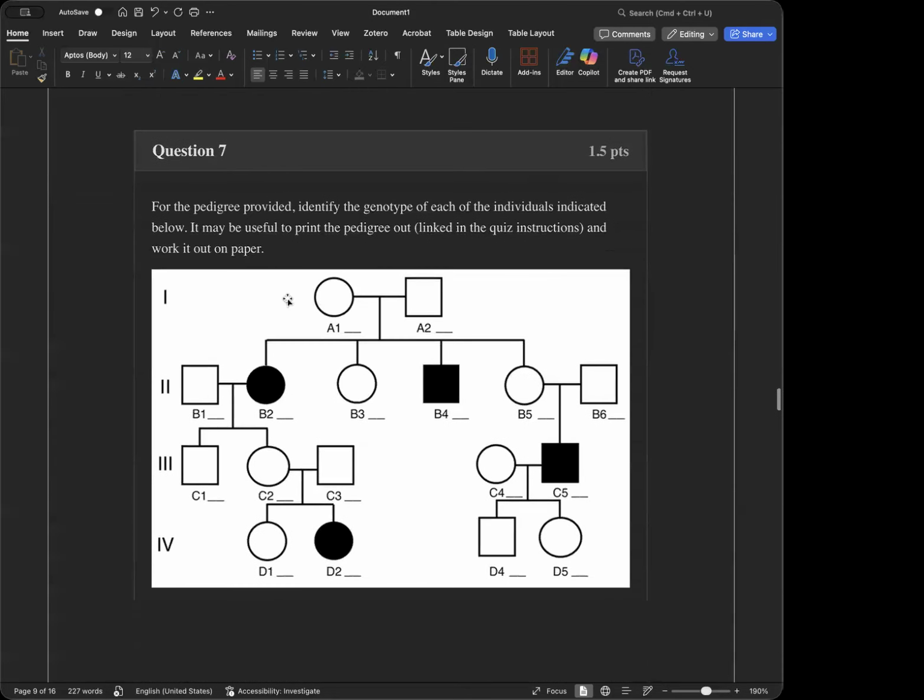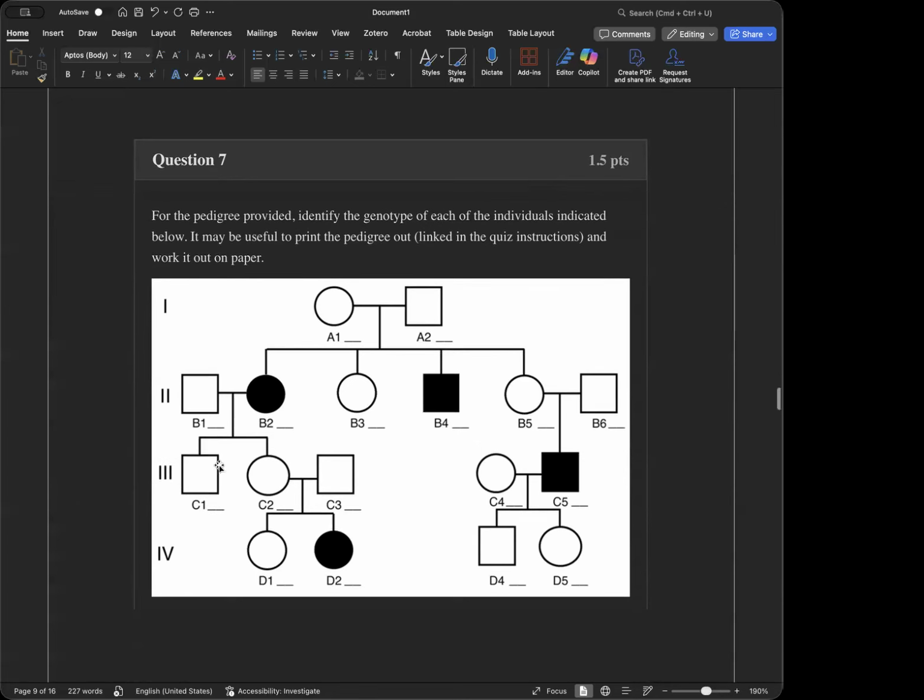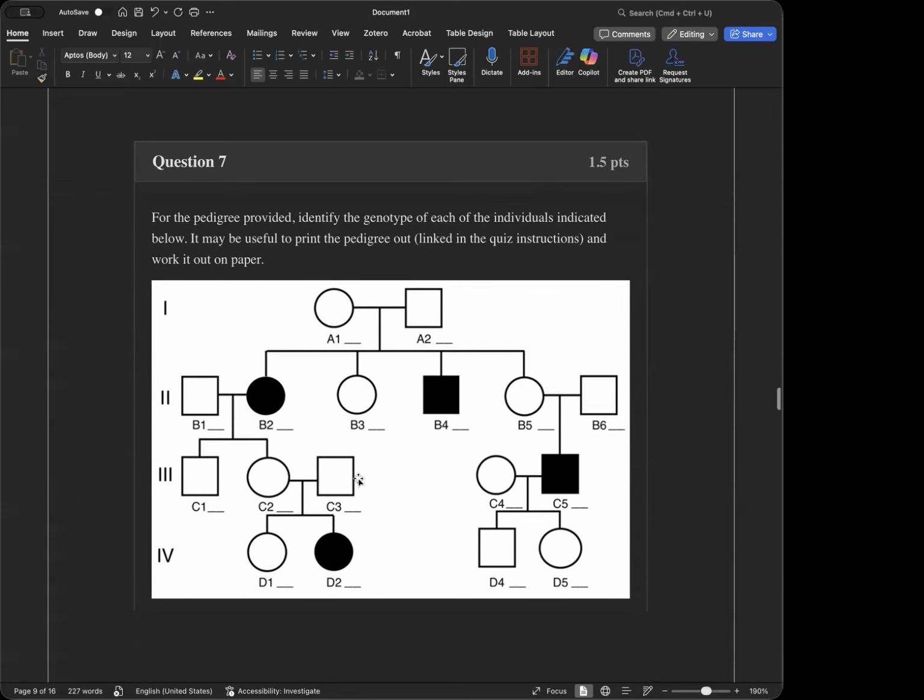So by looking at this, we're seeing that this generation is not affected, and we're also seeing that this generation right here is not affected. Yet they are having individuals that are affected. So that leads us to believe that this has to be a recessive disease.